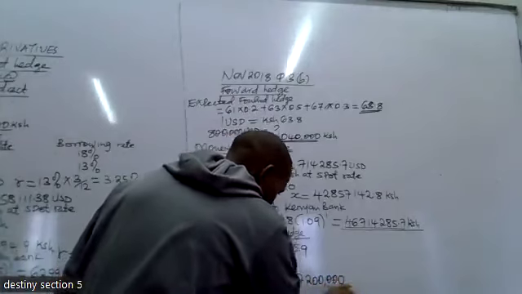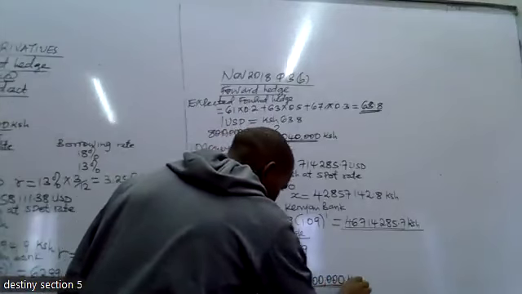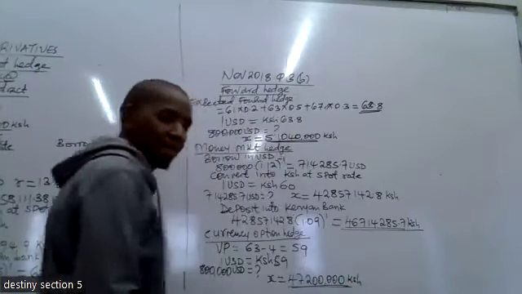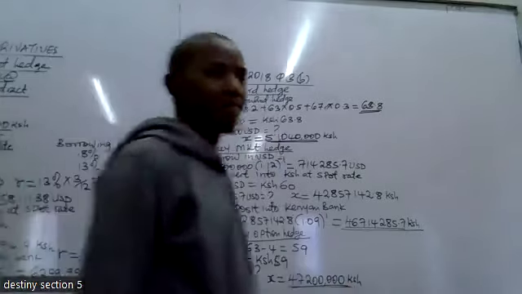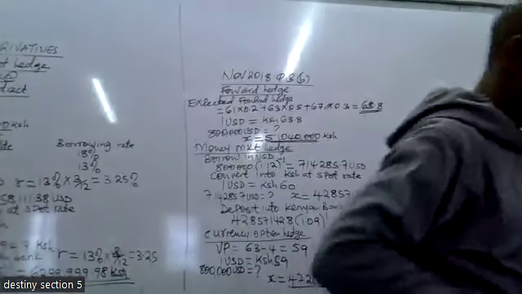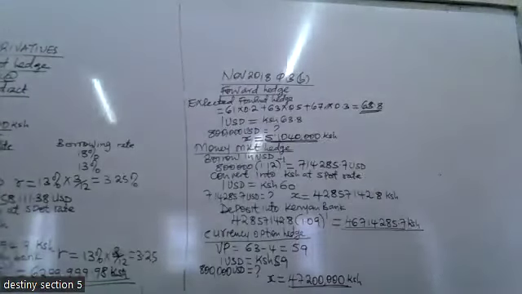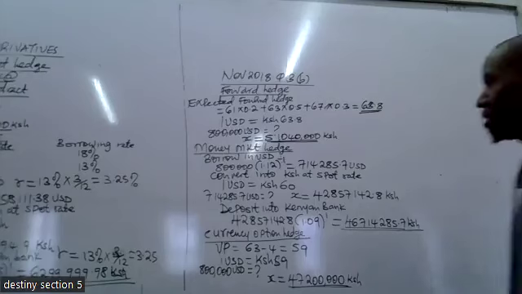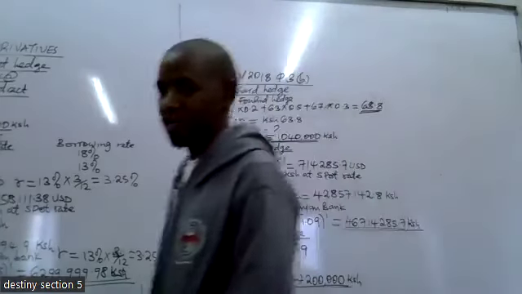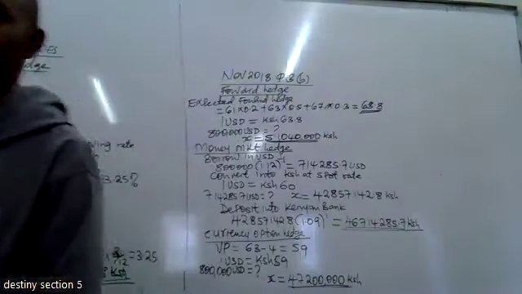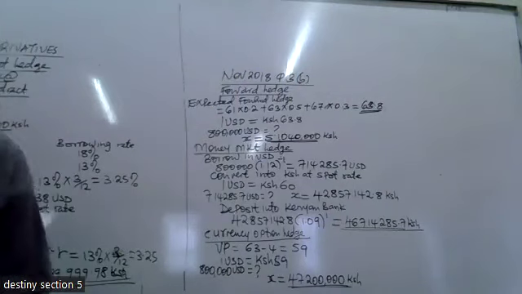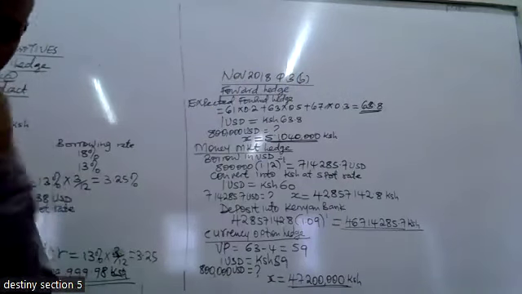Which is the best hedging strategy suited? Out of the three, which is our best hedging strategy? Where you receive more money, which is it? 1.8. Awesome. That is where he's receiving more.